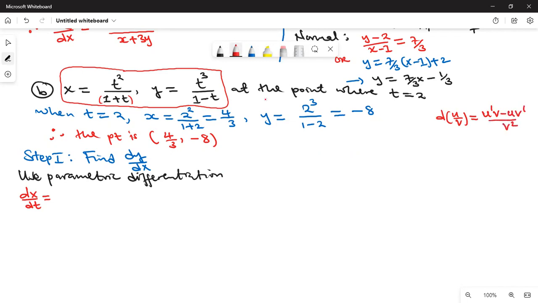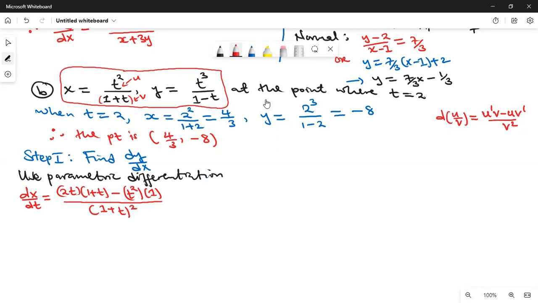So let this be u and this one be v. u prime gives us 2t, v is 1 plus t, minus u, which is t squared, v prime is 1, everything over v squared, which is 1 plus t, squared.